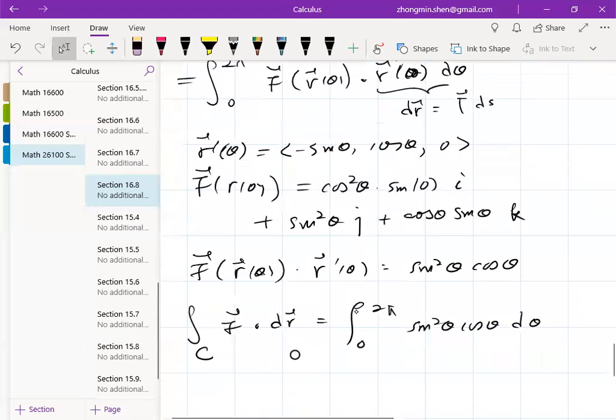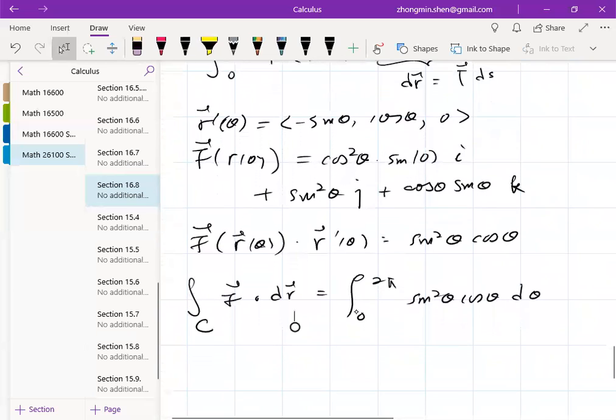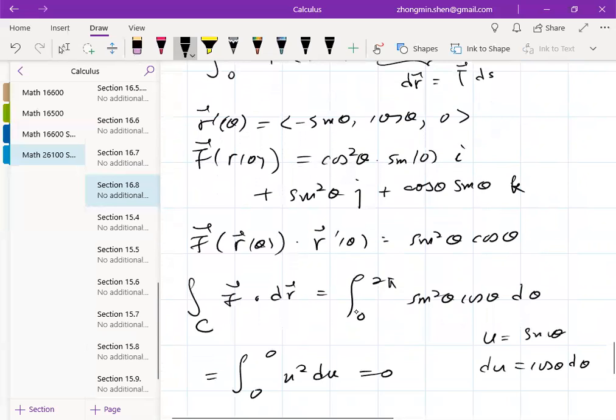From here you can just use substitution, u equals sine theta, and du equals cosine theta d theta. When theta equals 0, u is 0. When theta equals 2 pi, u is 0. It's the integral of u squared du from 0 to 0, which is 0.